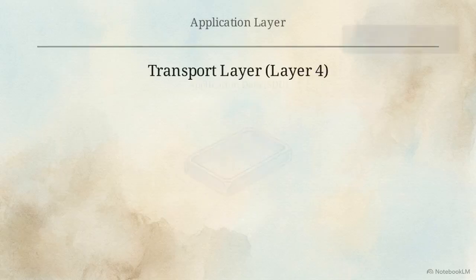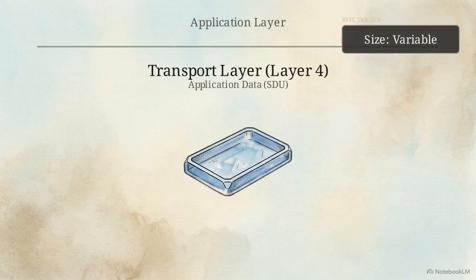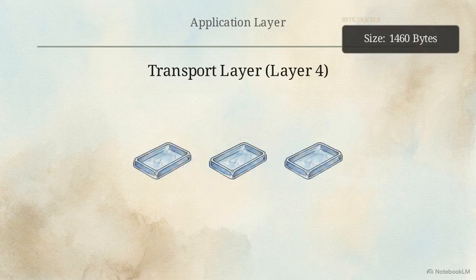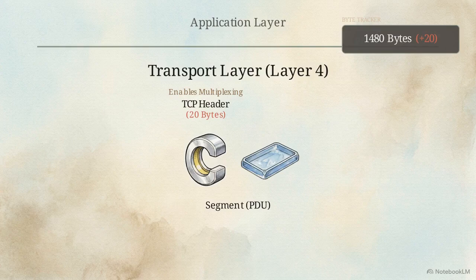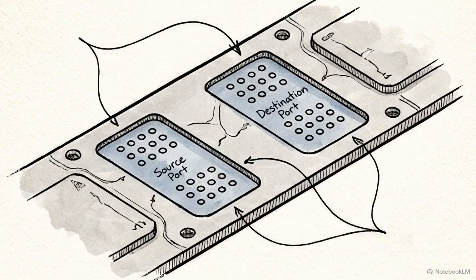Application data enters the transport layer. Because TCP cannot send infinite data, it divides the stream into manageable segments. It attaches a 20-byte TCP header to enable multiplexing, allowing multiple applications to share one connection simultaneously. Inside, 16-bit source and destination port numbers act as internal addresses, routing incoming data to the correct software process, like port 443 for web traffic.